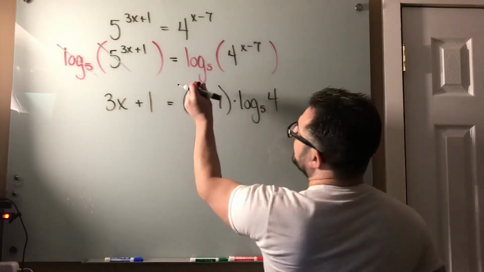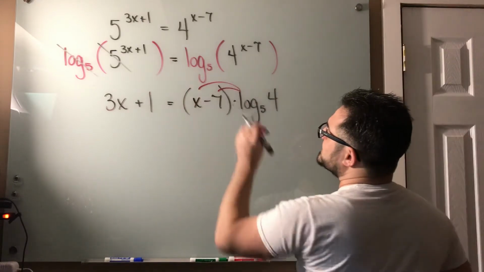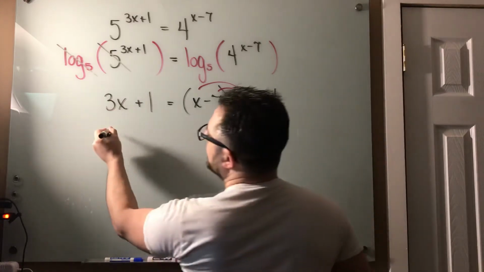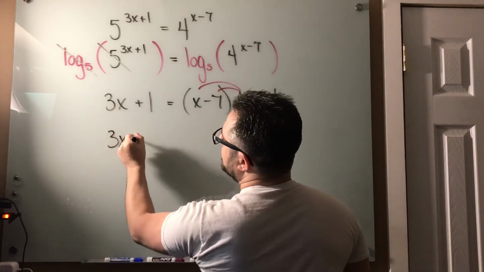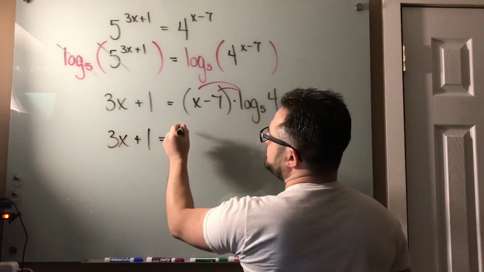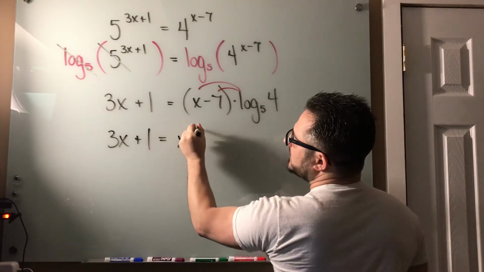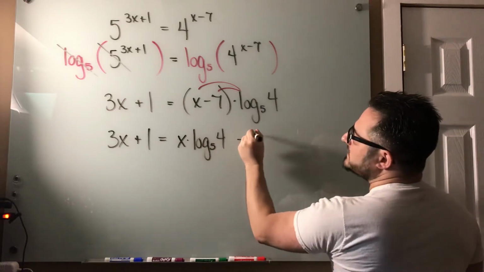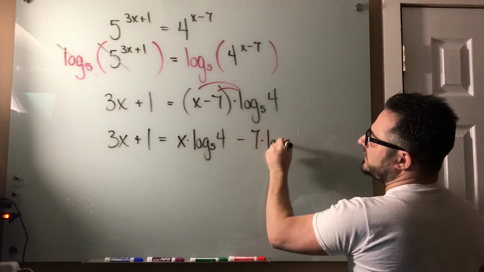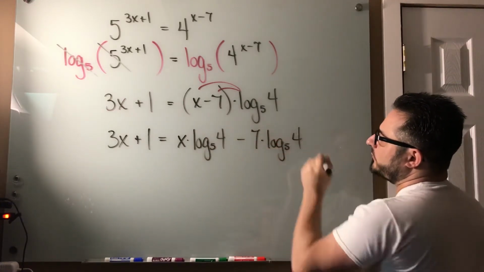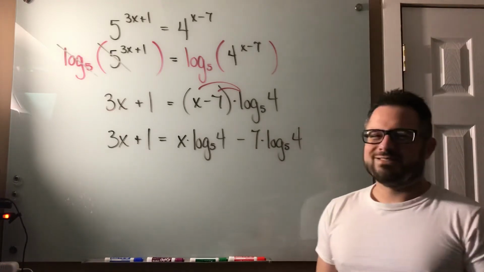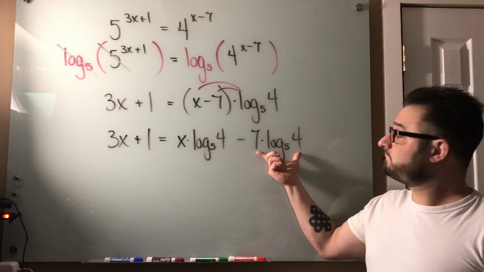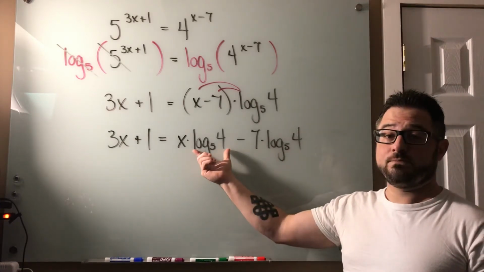We might as well do it on this side, and you can see how this is going to start to get a bit ugly. So we're going to have x times log base 5 of 4 minus 7 times log base 5 of 4. So again, not pretty. This is a constant, and so is this.